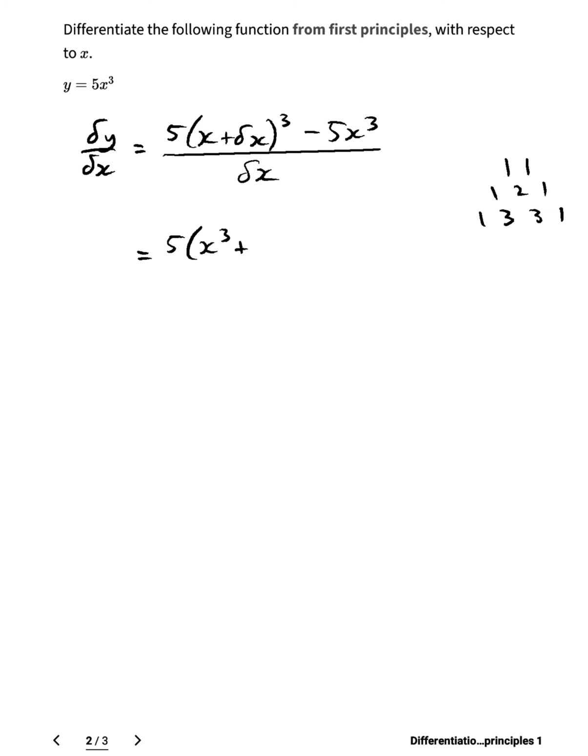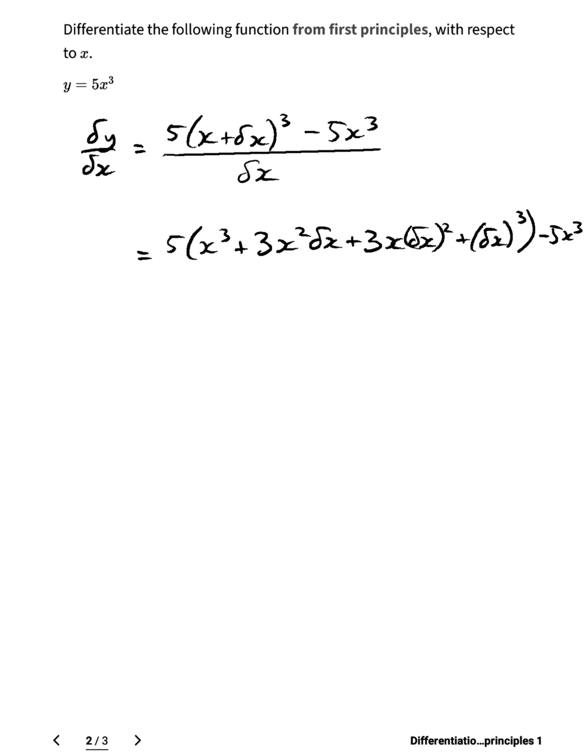So we've got x cubed plus 3 x squared delta x plus 3 again x, and now delta x is the one that's squared, and then plus delta x all cubed, close bracket, minus 5x cubed, and all of that is going to be over delta x.